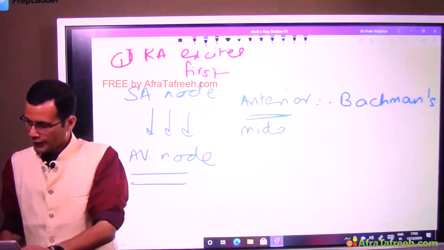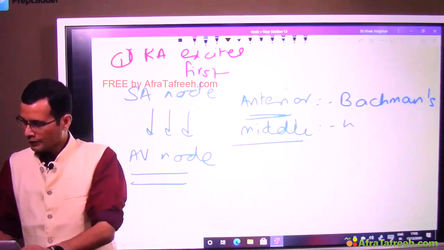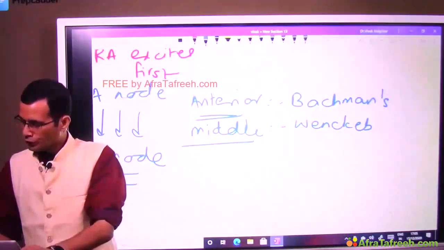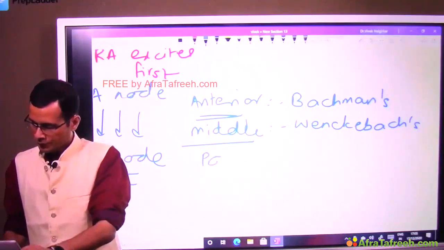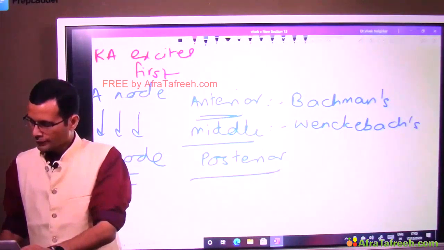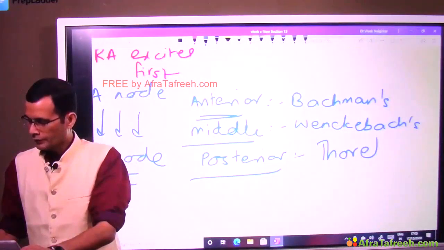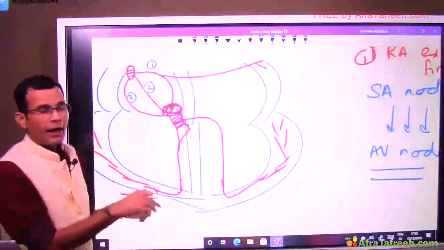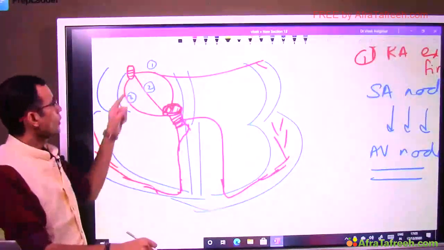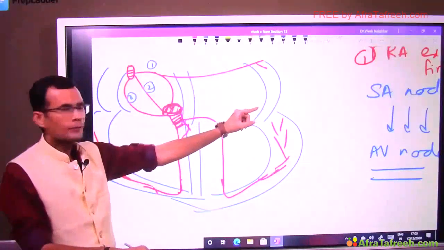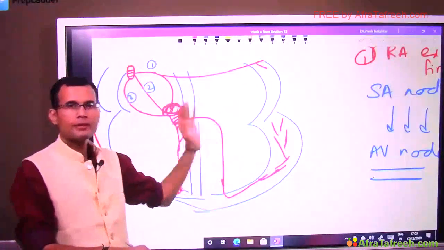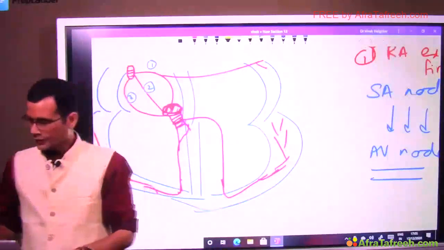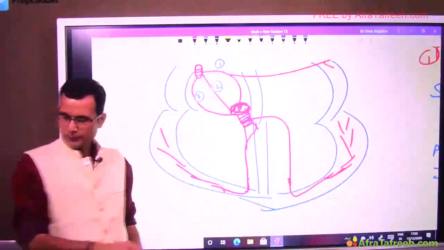Middle is called as Wenckebach's bundle, and posterior internodal tract is called as Thorel's bundle. Right? And note this point: one branch of the anterior bundle goes into the left atrium and innervates the left atrium. So these are the 3 internodal tracts.